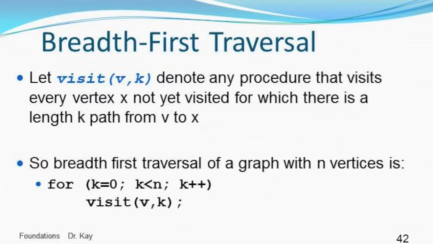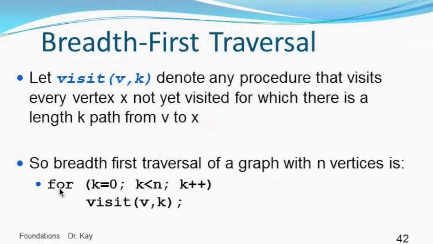There are breadth-first traversals of graphs. So if we just define this function visit, which takes a vertex and a length, then visit(v, k) says let's visit all of the vertices that we haven't visited yet that have a length k path away from that vertex. So here is a breadth first function.